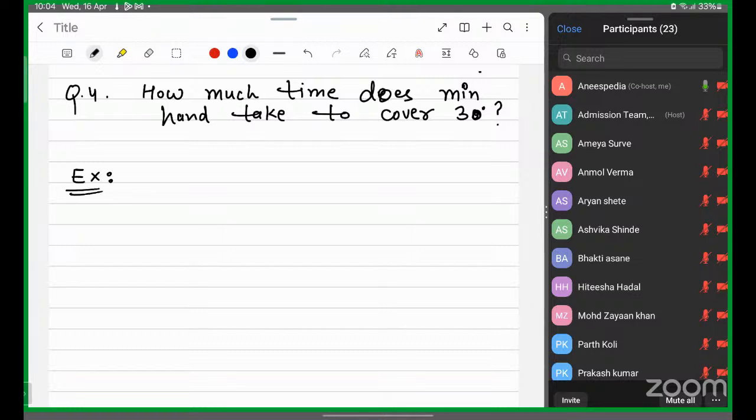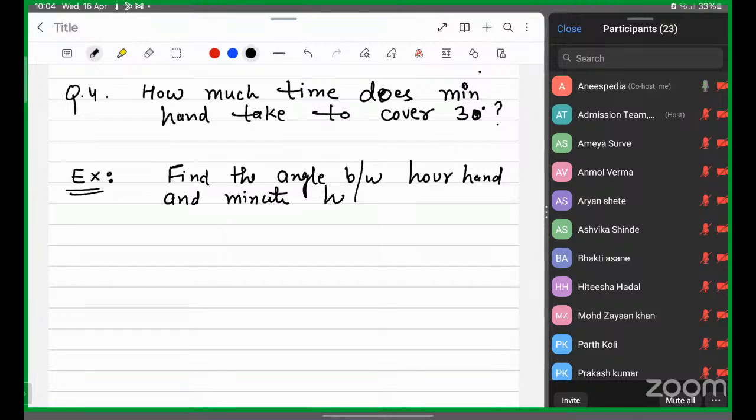Let's say we have one more question. Find the angle between the hour hand and minute hand of a clock when the time is 3:25.